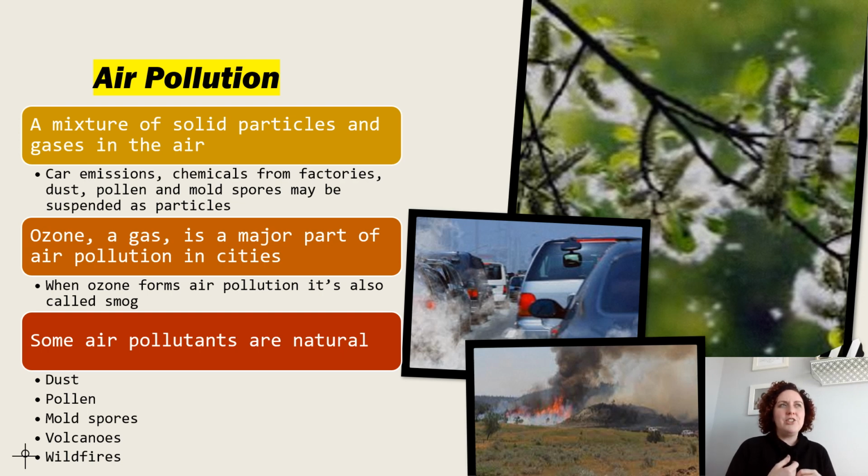Now, the major reason why air pollution is such a big deal is because it's actually ozone. We know ozone as that layer up in the stratosphere that blocks out UV rays and helps protect us humans, but it also is super duper harmful at our tropospheric level.